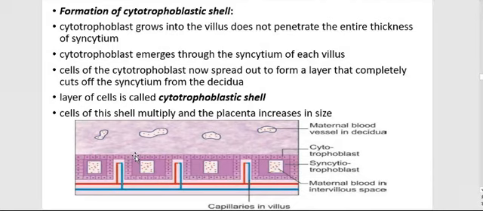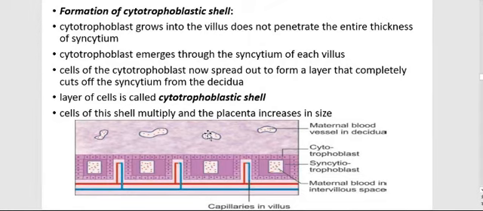This layer is the one which is going to come into contact with the decidua basalis, and it covers the syncytial trophoblast, because the syncytial trophoblast previously was the most external layer. The cytotrophoblast will grow, extend outwards, and form a layer separating the decidua and the chorionic villi. That layer of cells is called the cytotrophoblastic shell.